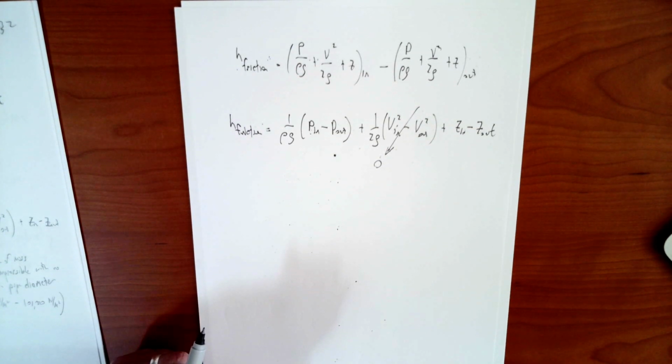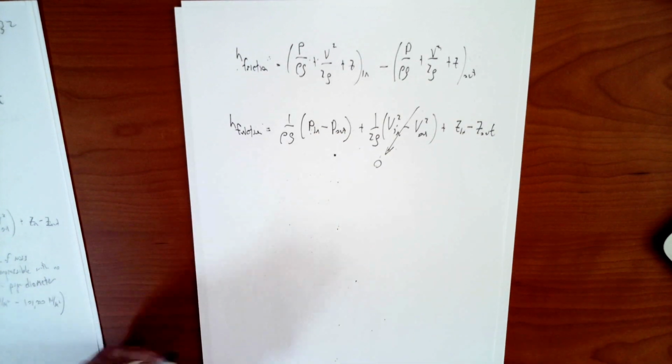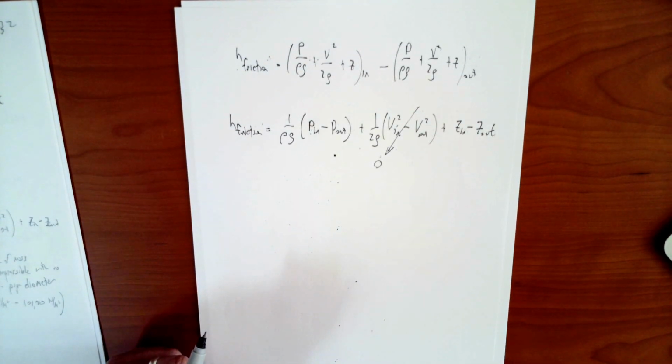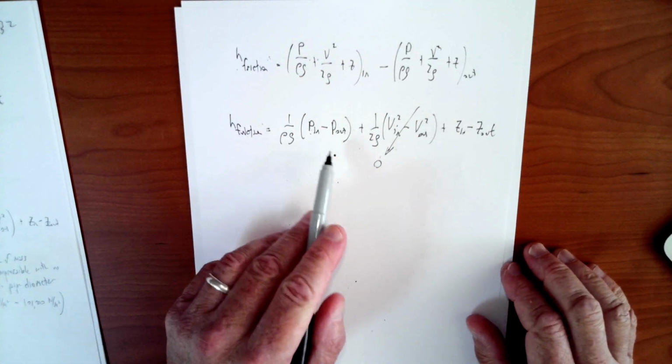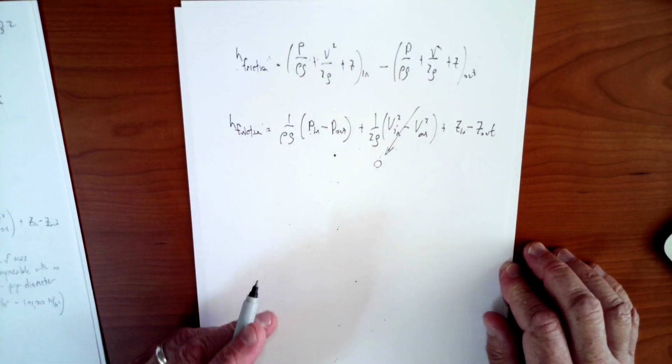A isn't changing because the inlet and the outlet both have the same pipe diameter. Therefore there can't be any change in V, so their subtraction is 0. I just have the pressure change and the height change to worry about.